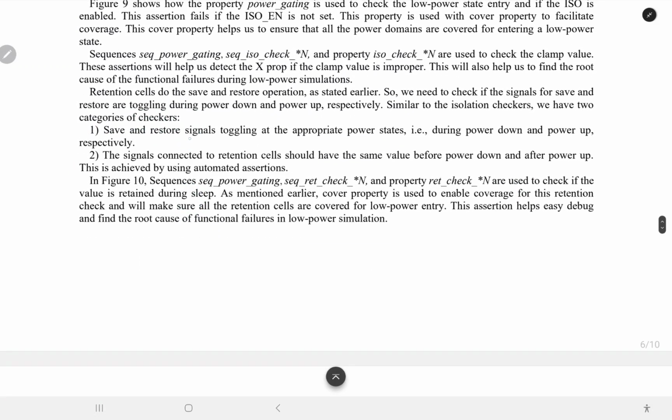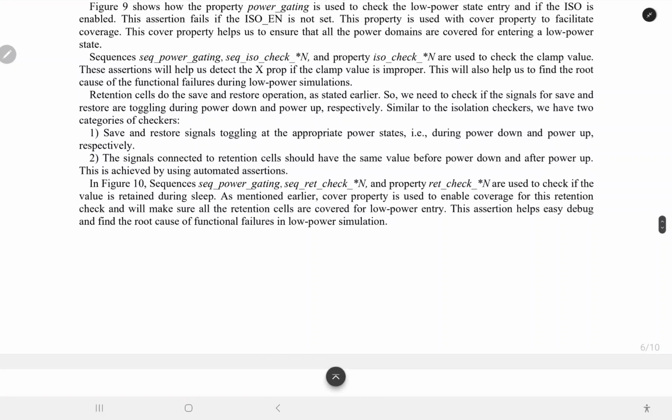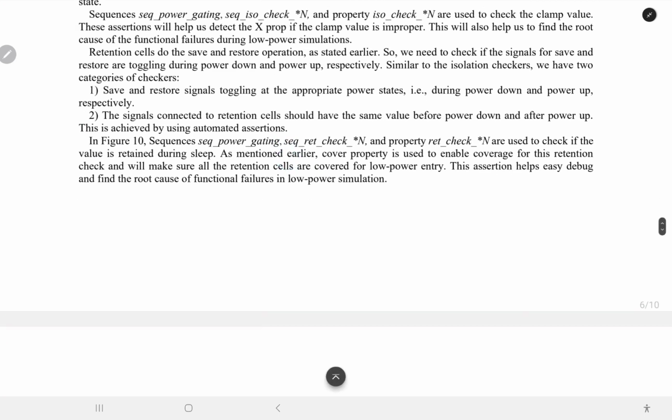Save and restore signals toggling in the appropriate power state, that is during the power down and power up respectively. 2. The signal connected to the retention cells should have the same value before power down and after power up. This is achieved by using automated assertions.